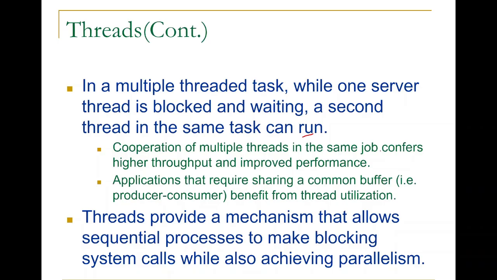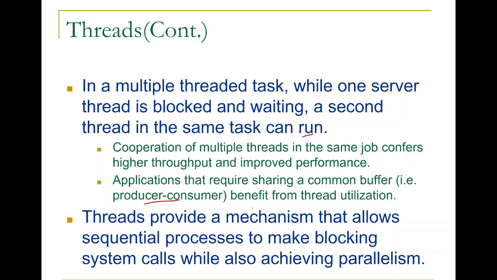Now the cooperation of multiple threads in the same job confers higher throughput and improved performance, as we have seen before. Applications that require sharing a common buffer, that is, producer-consumer, benefit from thread utilization. We will explain producer-consumer later.